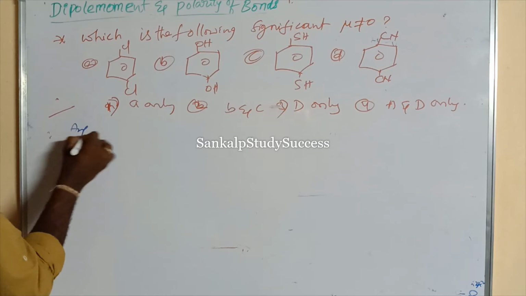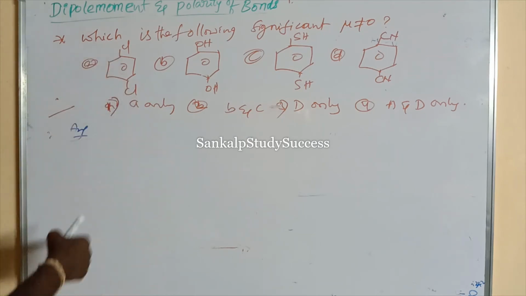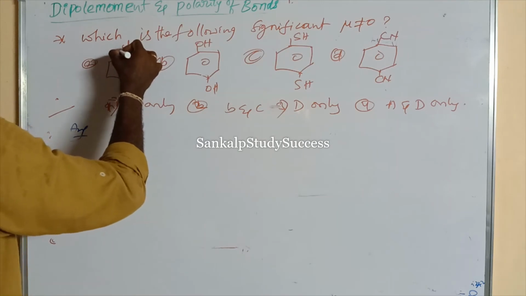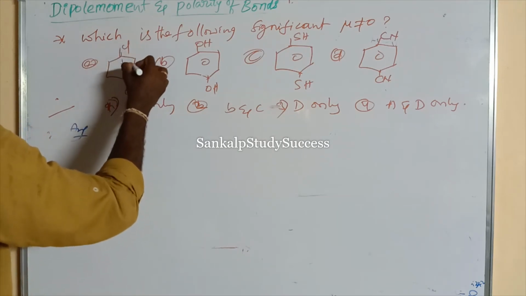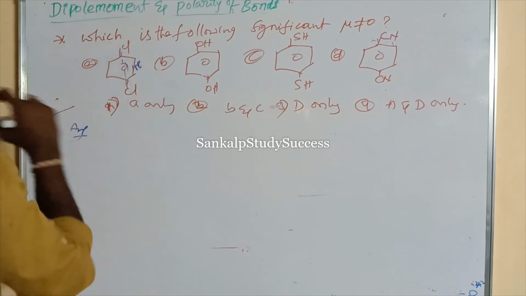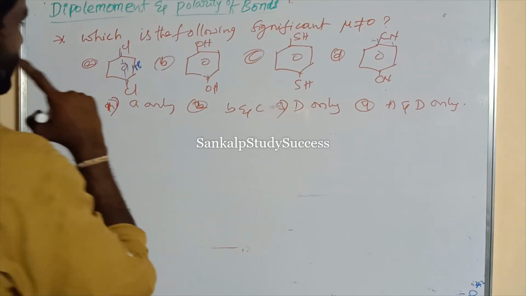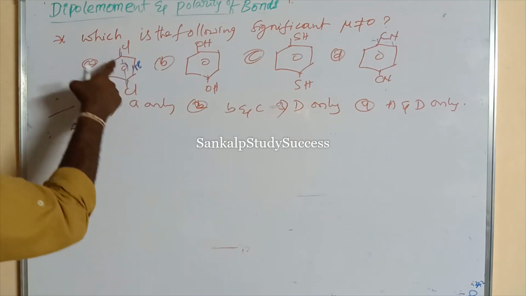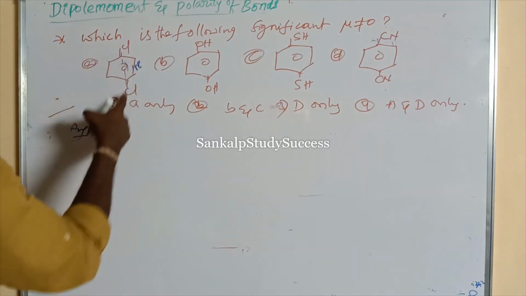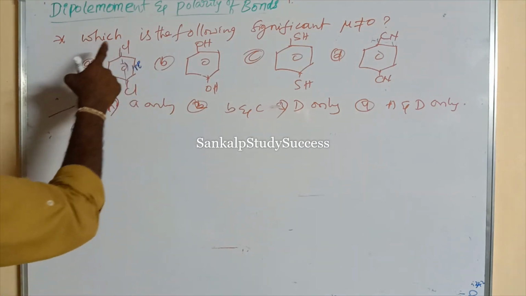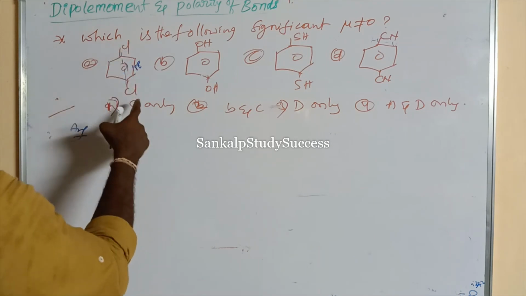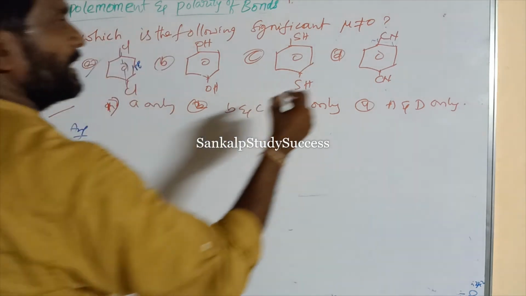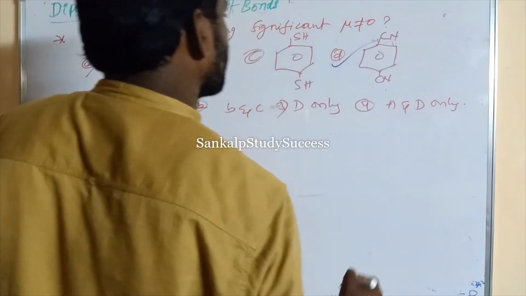Now, what is the answer? So we know that para-dichlorobenzene is present in 180 degrees, linear. The dipole moment of a linear molecule can be taken as 0, as its angle is 180 degrees. For para isomers, para dichloro isomers also have 0 dipole moment. This is 0 dipole moment, and this is also 0 dipole moment.